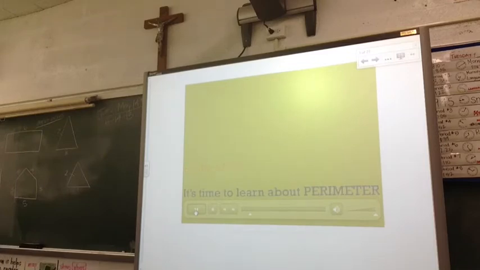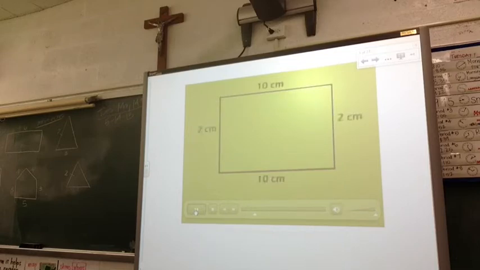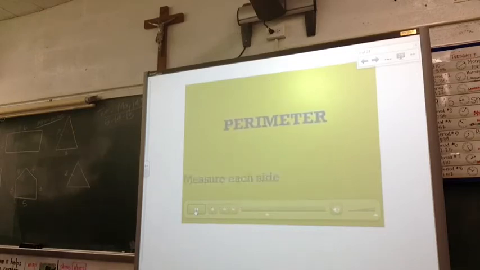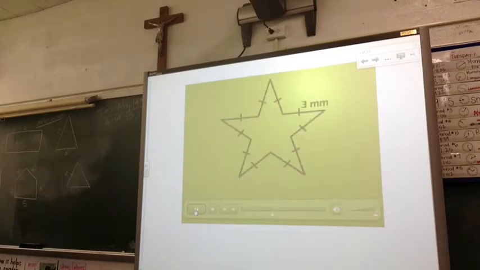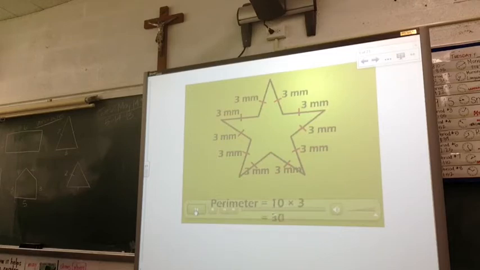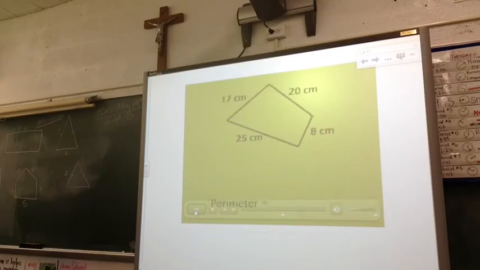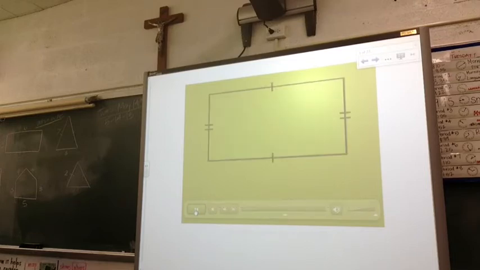Now we're gonna talk about perimeter. You have to measure each side, add them up, and we find perimeter, that's perimeter, that's perimeter. Perimeter, you have to measure each side, add them up, and we find perimeter, that's perimeter, that's perimeter. Perimeter, you have to measure each side, add them up, and we find perimeter. That's perimeter, that's perimeter. Perimeter, you have to measure each side one at a time. Write them down, add them up, and what do you find?